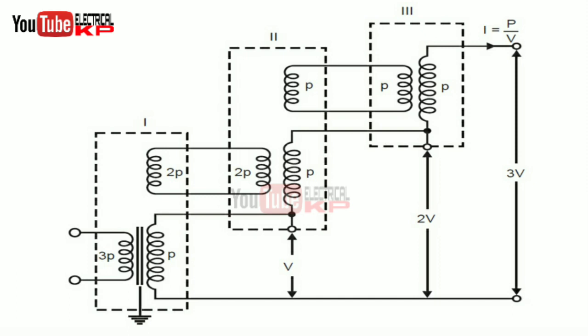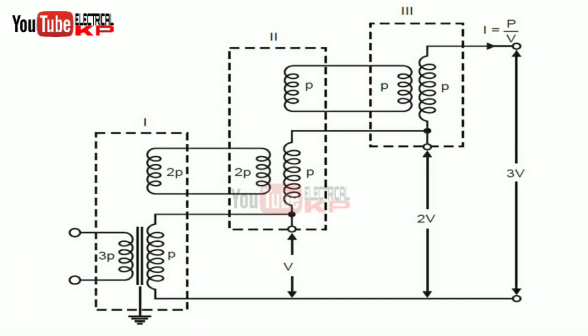In the same way, the third stage transformer is connected in series with the second stage transformer. The tertiary winding of the second stage transformer is feeding the primary of the third stage transformer, and the secondary of the third stage transformer is connected in series with the secondary of the second stage transformer.